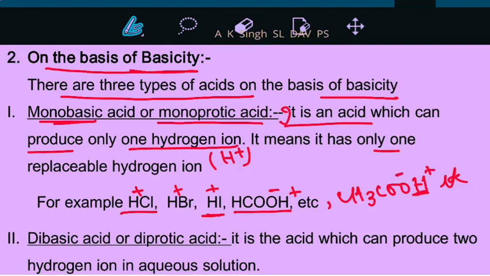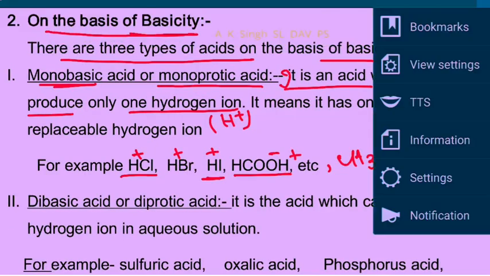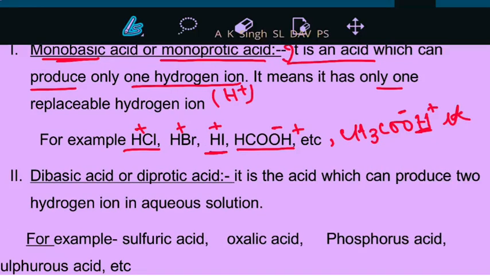Now, dibasic acid or diprotic acid. What is diprotic acid or dibasic acid?